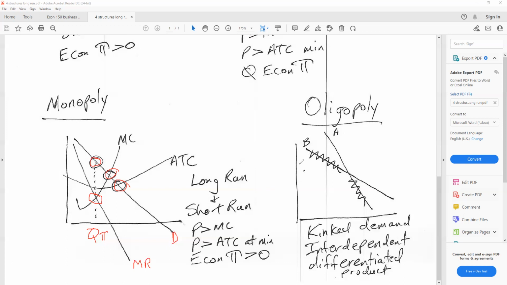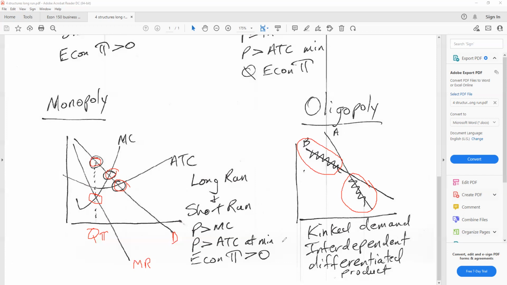But recognize that we sometimes refer to a kinked demand curve in terms of oligopoly, and that is because they copy each other. If we had two demand curves, buyers would first buy from company B, until company A intersects company B, and then they'll buy from company A because the price is lower after A intersects B. So that's why we refer to a kinked demand curve.